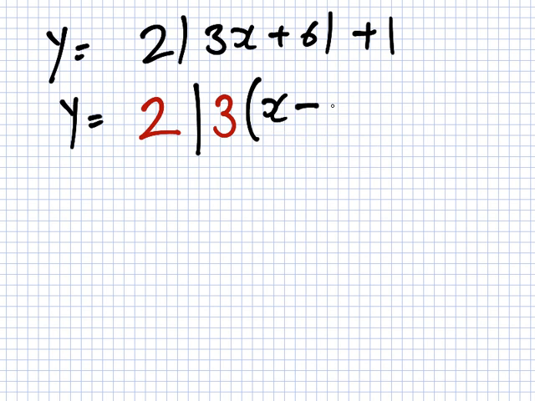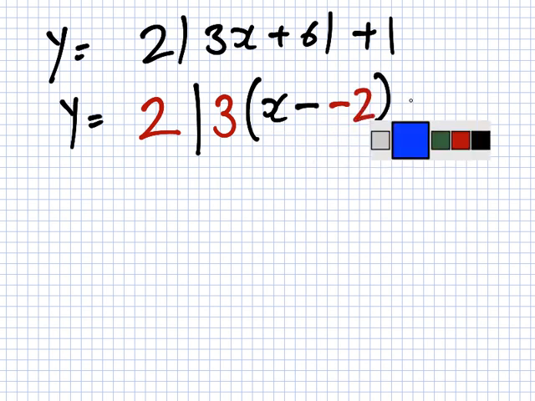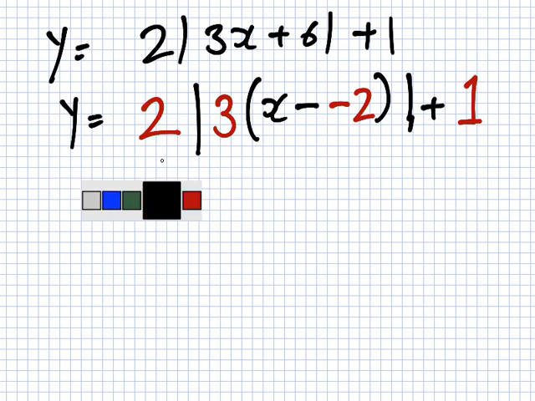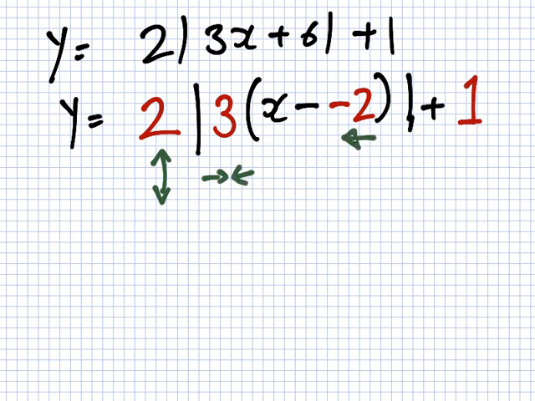Maybe I'll actually write minus 2. So remember what each of these does. This one here contracts. This one here will move it to the left. Is this confusing with the two minuses?